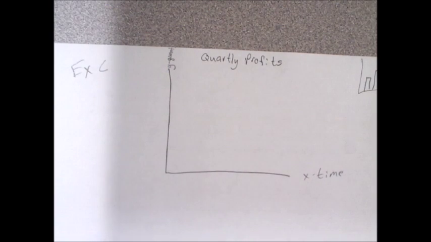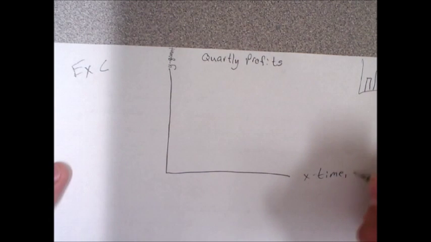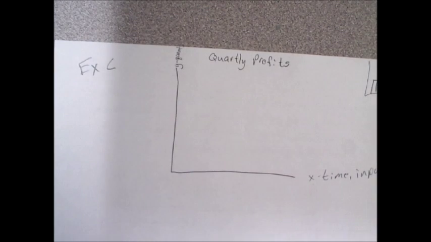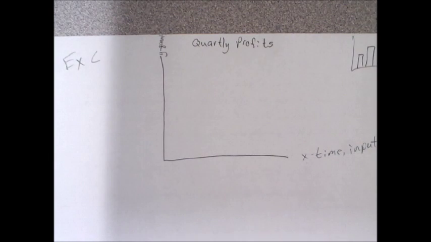It's not always, but it's normally. Okay? X is always your input. I'll tell you that. It is always your input. And Y will always be your output as a result. But X is always, always, always your input. Alright, so looking at our chart, which column in that chart, remember it says quarter and profit, which one of those is a time?